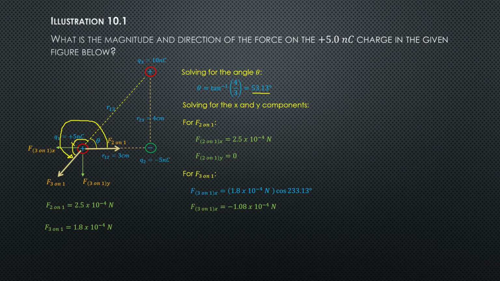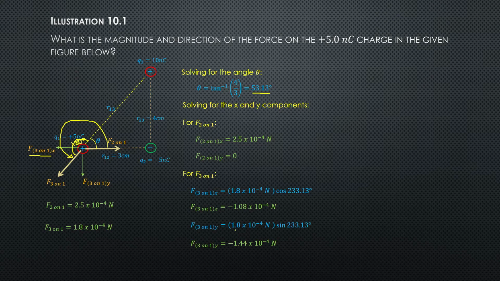So 1.8 times 10 to the negative 4 times cosine will give us negative 1.08 times 10 to the negative 4. That negative is the direction of this x component, which is to the left. So the value is negative 1.08 times 10 to the negative 4 newton.